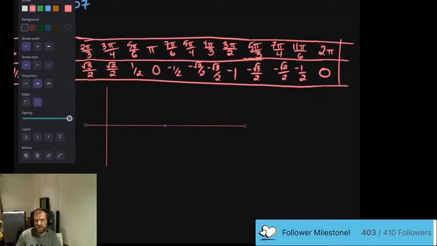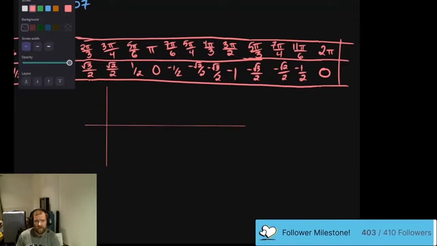Right? And 2, we're going to go like this. This is going to be 0, still theta, but in this case we want y, or g of theta, whatever we want to call it. Again, here's 1, -1.